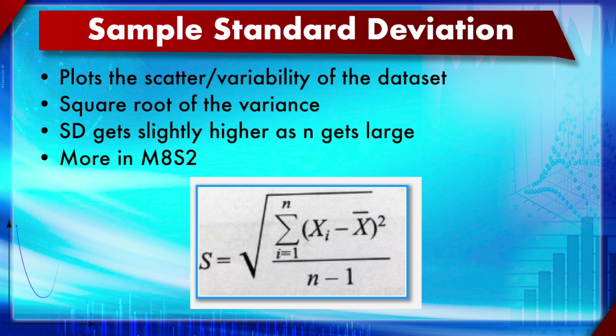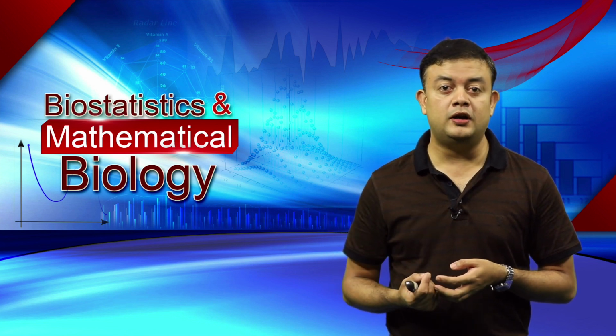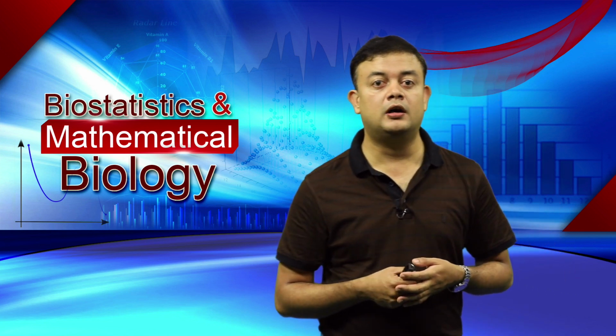Standard deviation plots the scatter or variability of the data set, and it gets slightly higher as n gets higher. It is very slight, so you cannot take it as a rule of thumb. We discussed this in the 8th module, in the 2nd section, so you may wish to go back and check how it is calculated.